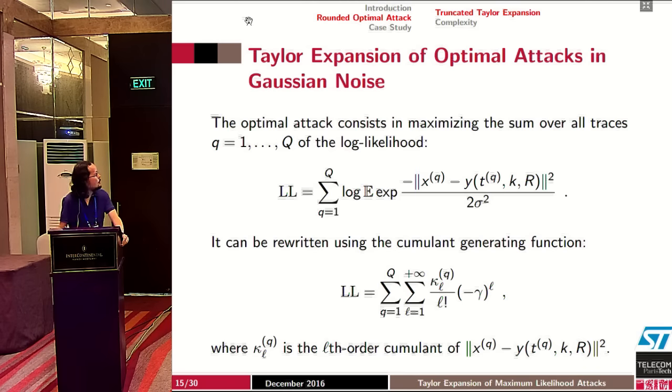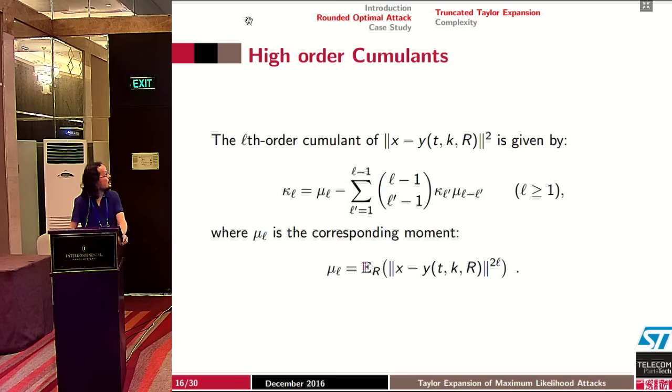But using the cumulant generating function, we can rewrite this formula as the sum over all traces of this series expansion. This series expansion depends on the values kappa, which are the high-order cumulants. The high-order cumulants can be expressed recursively using lower-order cumulants and the high-order moments.